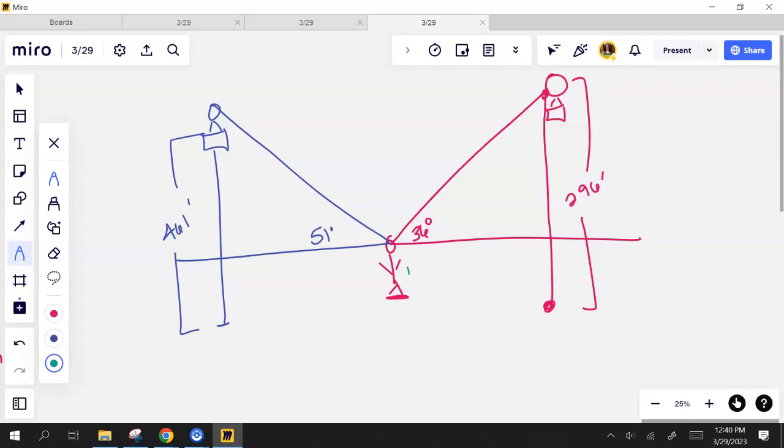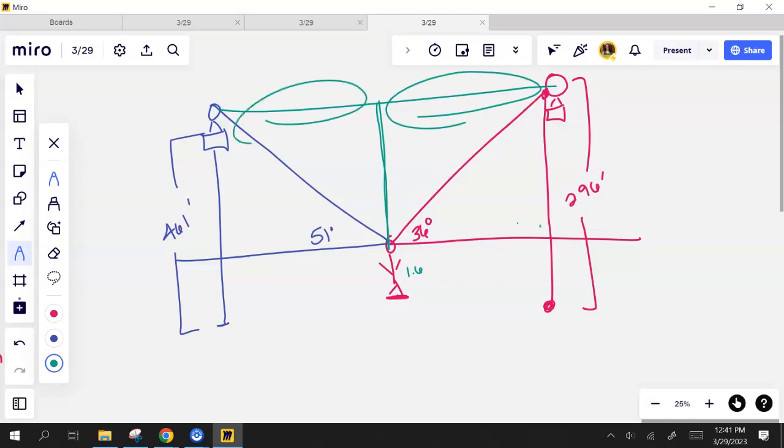Erica is 1.6 meters tall. Find the distance between the two balloons. So I'm looking for this. And that is just the sum of two different legs. So I need this one and this one. Or this and this added together.